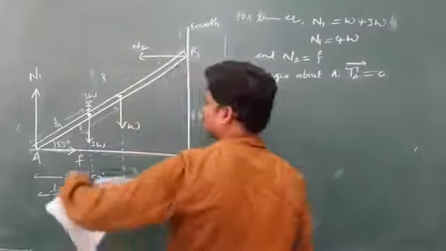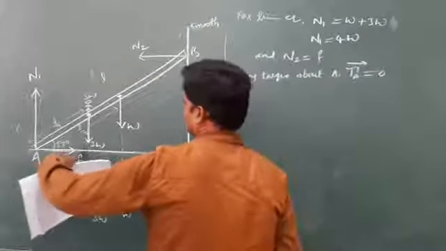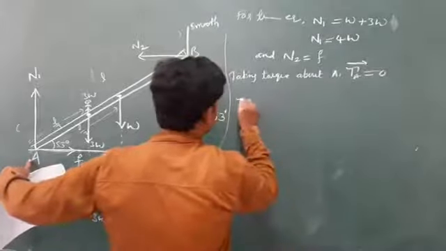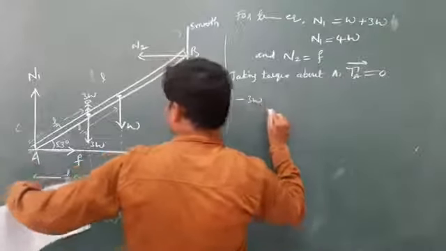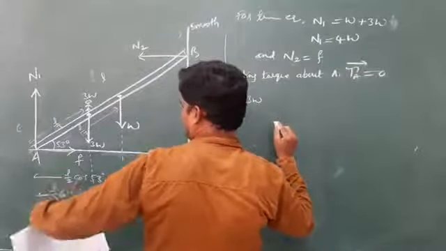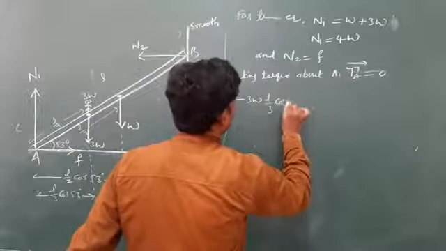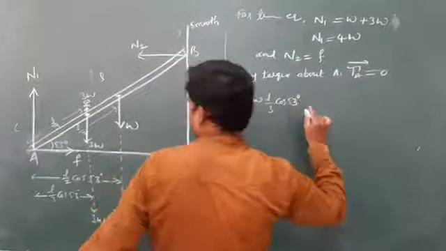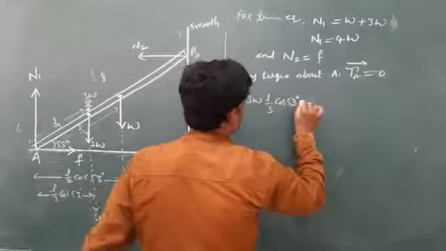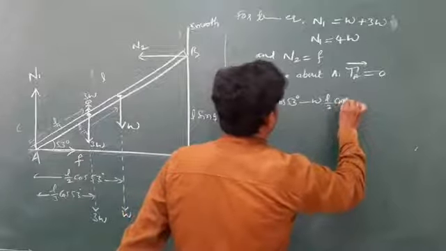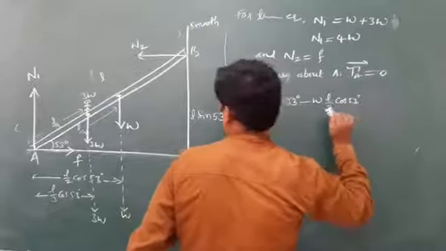Let me continue with 3W. For this 3W, with A on the right side, it is negative. The perpendicular distance for 3W is L by 3 cos 53. And for W, also on the right side, minus W L by 2 cos 53.